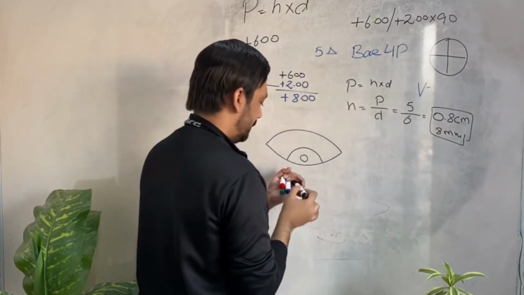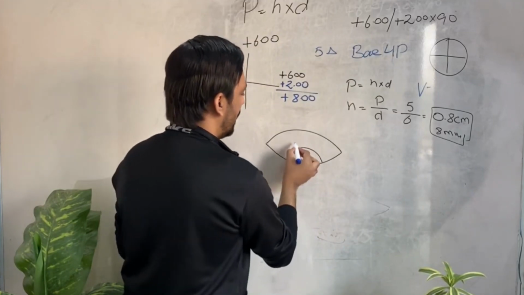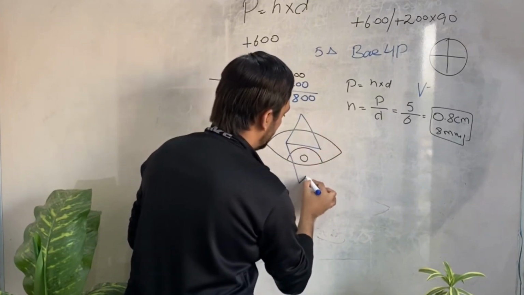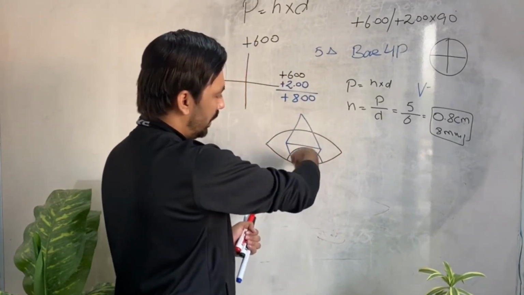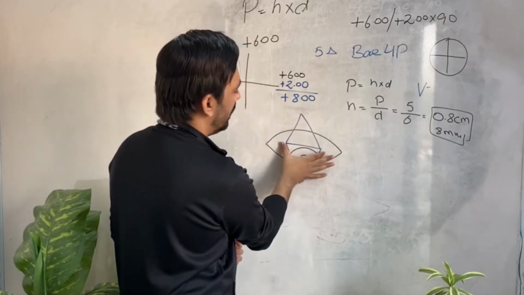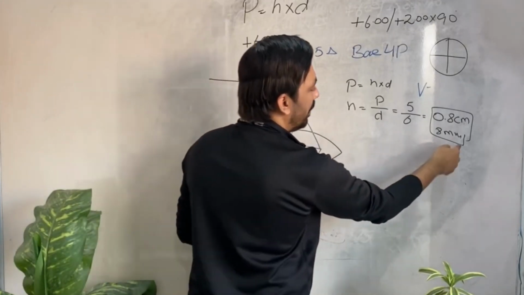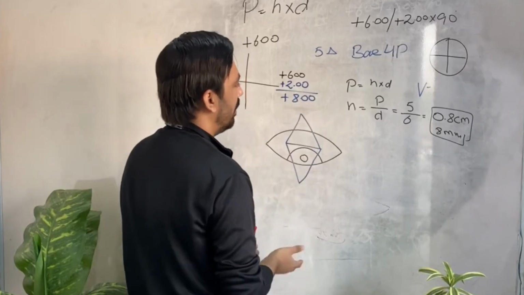Let's learn about it. So for example, this is a plus lens, so this will look like this. This is the plus spherical lens. Now the deviation is vertical, so I'll make the lens orientation like this: 2 prisms attached base to base. So I have to move this plus spherical lens 8 millimeter or 0.8 centimeter. In which direction? Up or down? Let's learn about it.